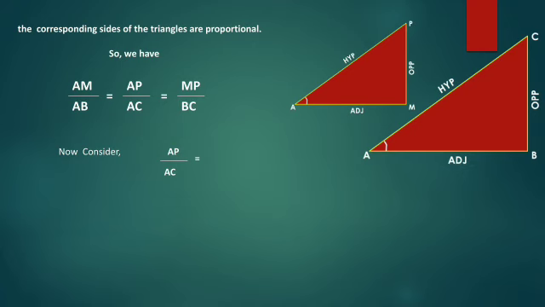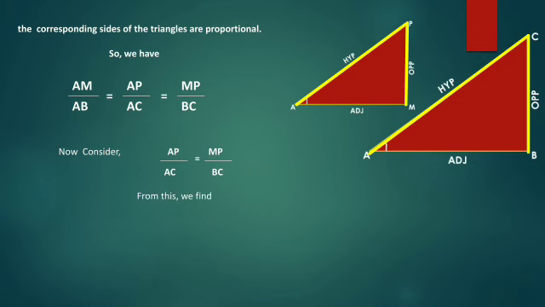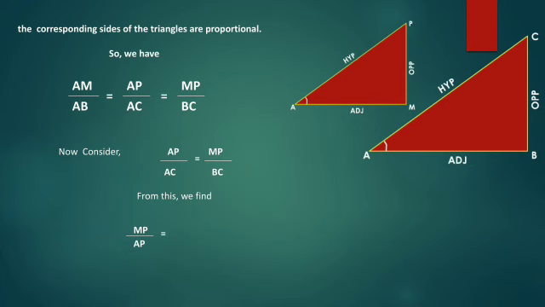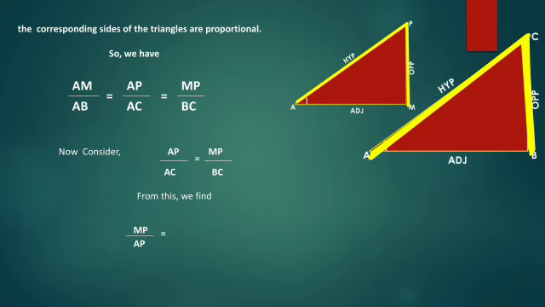Now consider AP divided by AC, which is equal to MP divided by BC, that is, hypotenuse sides of the two triangles equal to opposite sides of the two triangles. By cross multiplication we get MP divided by AP. MP is the opposite side of triangle PAM and AP is the hypotenuse of triangle PAM. That is equal to BC divided by AC.